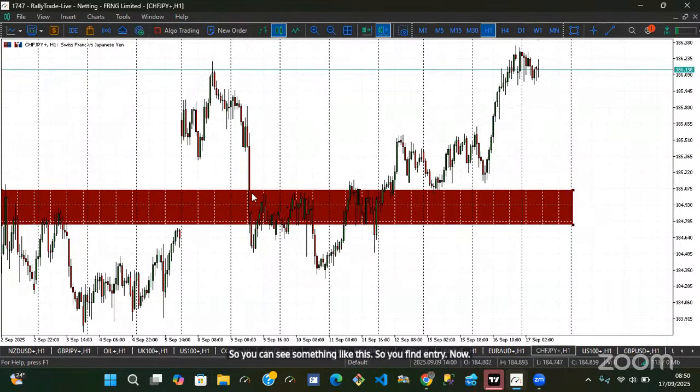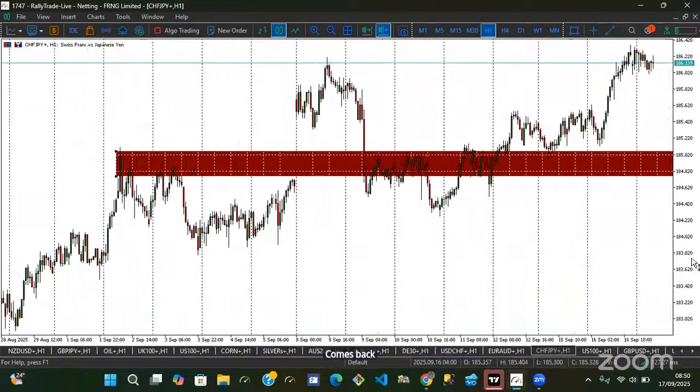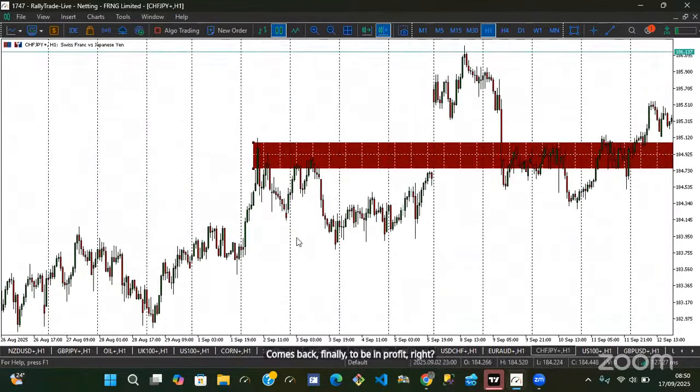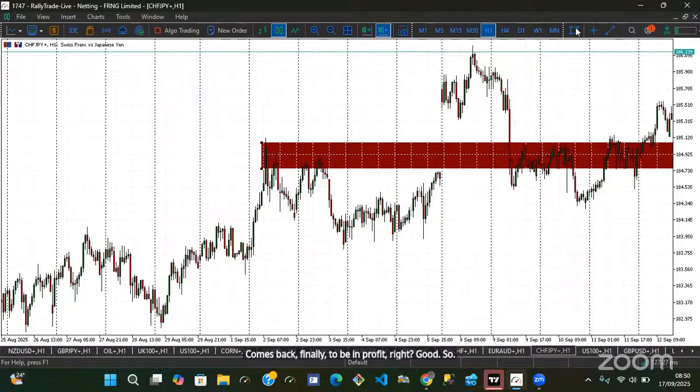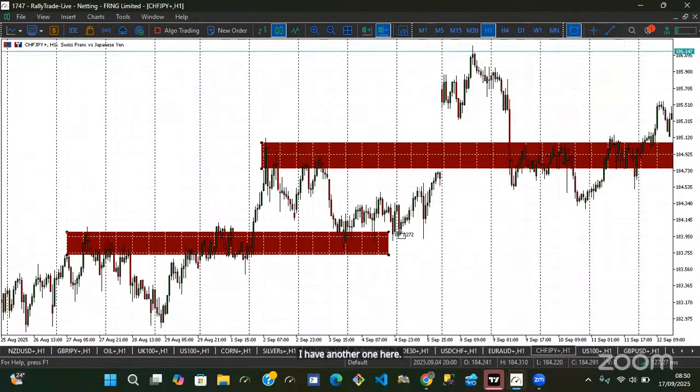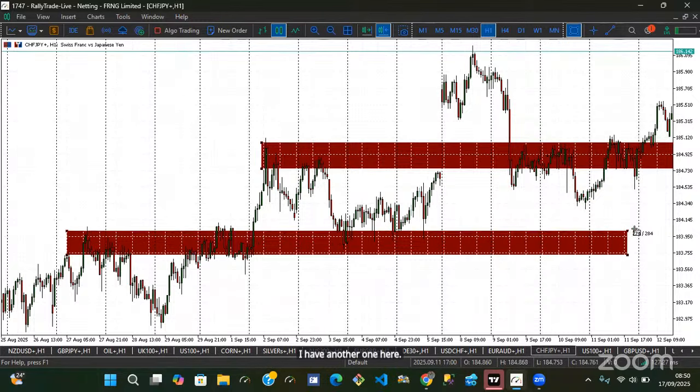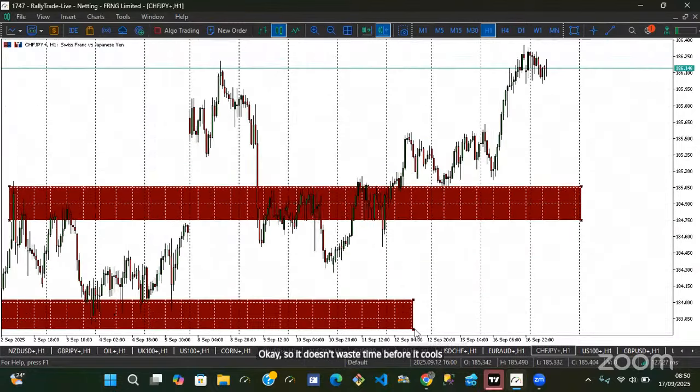If I'm buying around here, it just gives me some drawdown, but it comes back, finally still in profit. Good. Then also have another one here. It doesn't waste time before it pulls up.